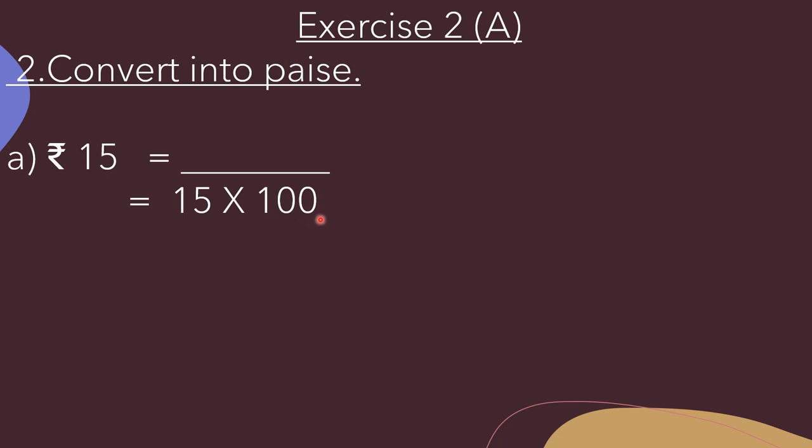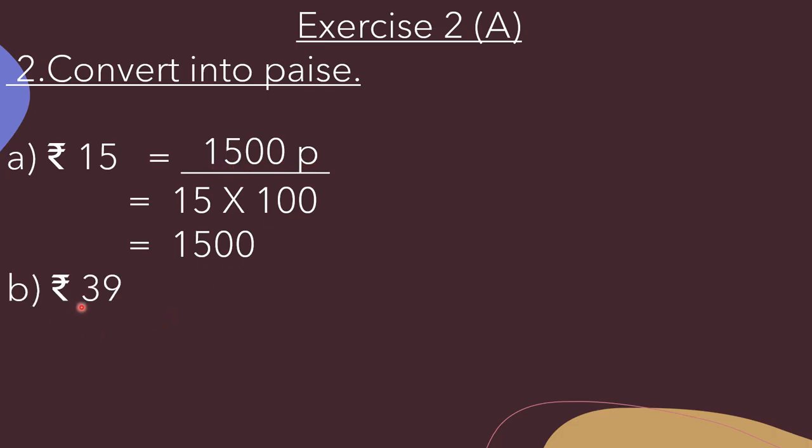And when we multiply a number by 100, we need to write the 2 zeros to the right hand side of the given number, and here 15 is given. So how can we write it? Like this, 15 then 2 zeros. So how can we speak it? Like 1500 paise. So what is the answer? 1500 paise.